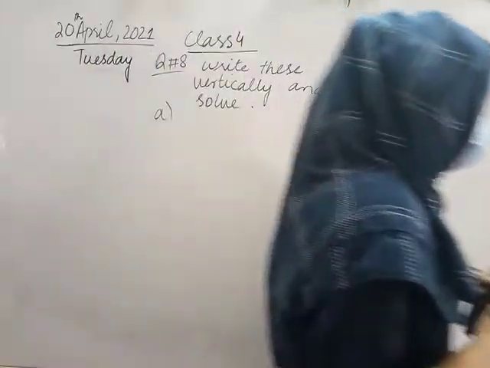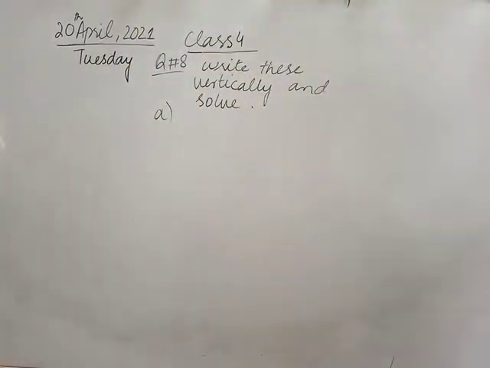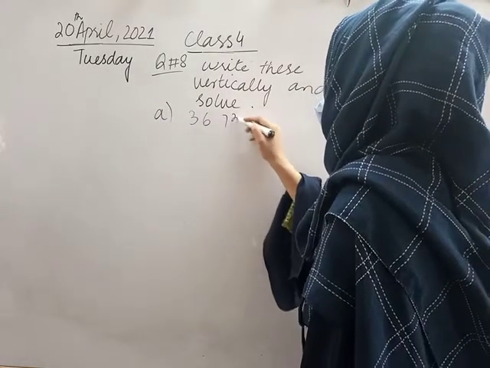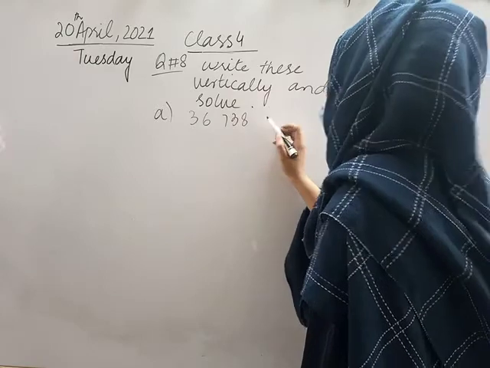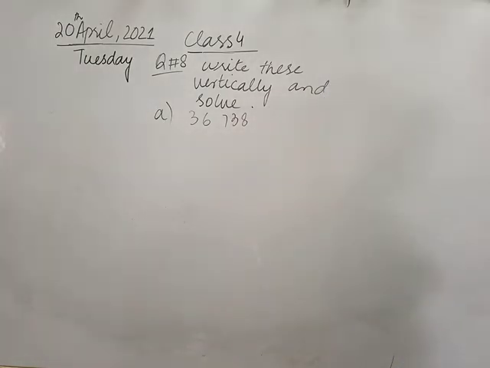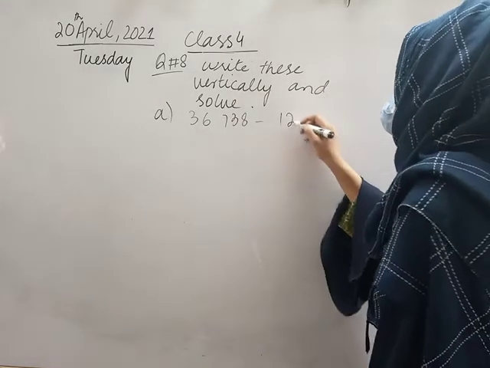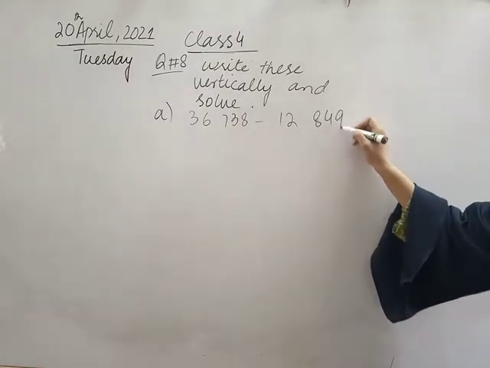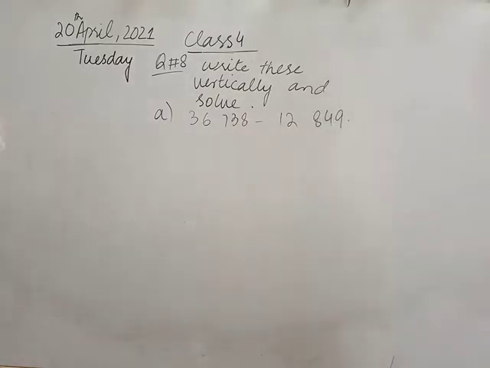A part, I have 36 738 minus 12 849. Okay, I have first number which is 36 738 and second number is 12 849.